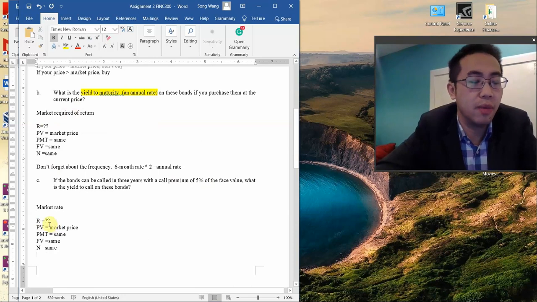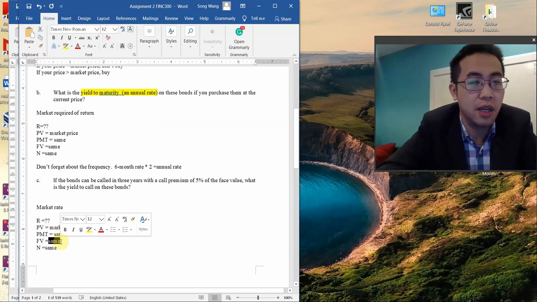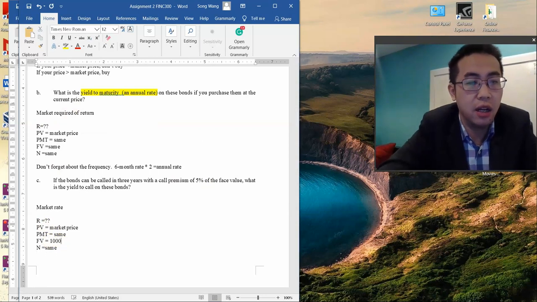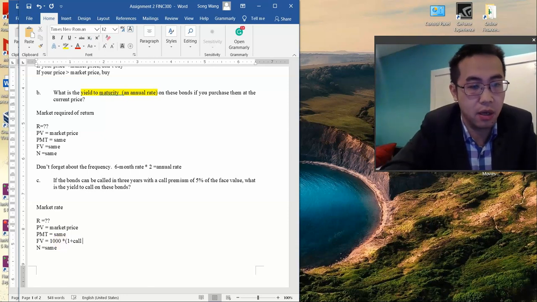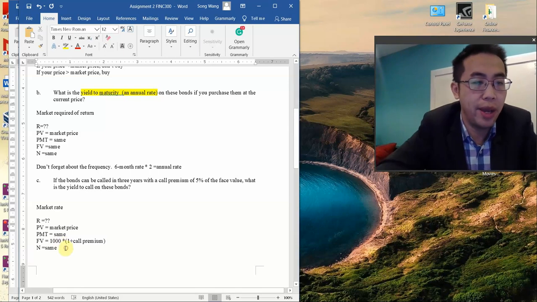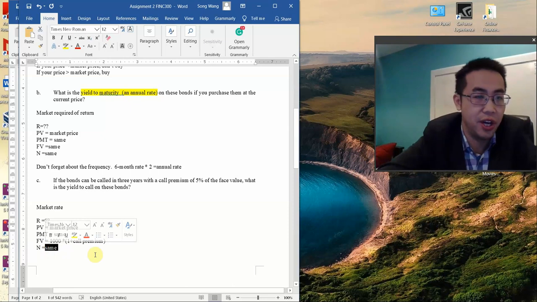So the current price, or the present value, is the market price, and the payment is the same. However, the future value is not the same, because when the bond is called back, the investors get not only the face value but in addition a 5% call premium. And the number of periods is not the same anymore, because the bond does not exist for 8 years.